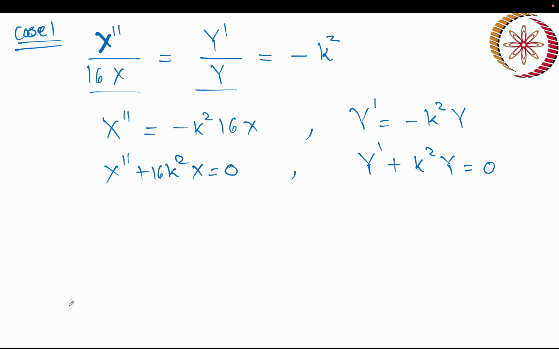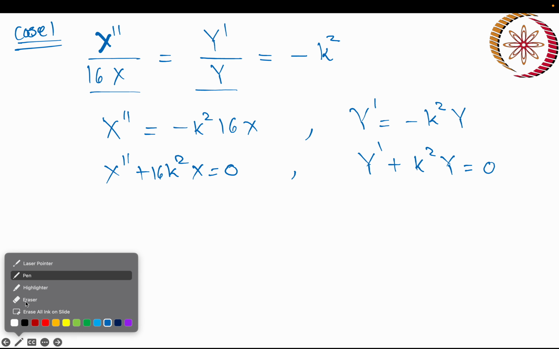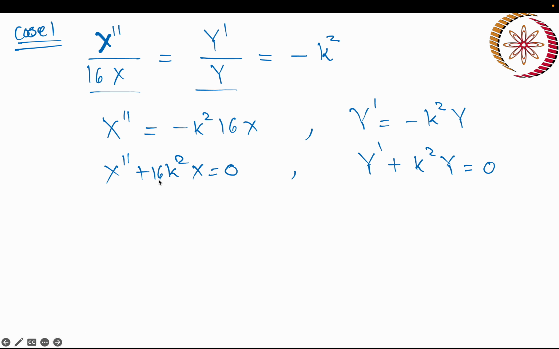Okay, now we'll solve it. This is how we solve the general linear differential equation. For this the roots will be imaginary, because there is a plus sign in the equation.